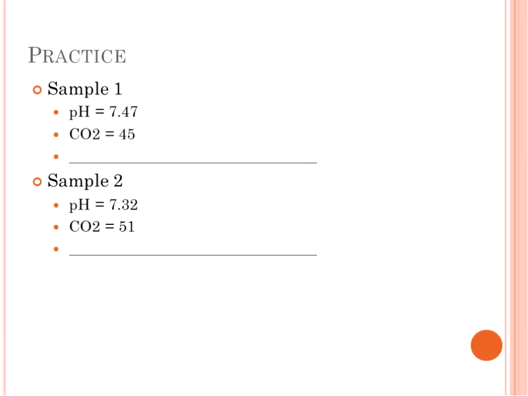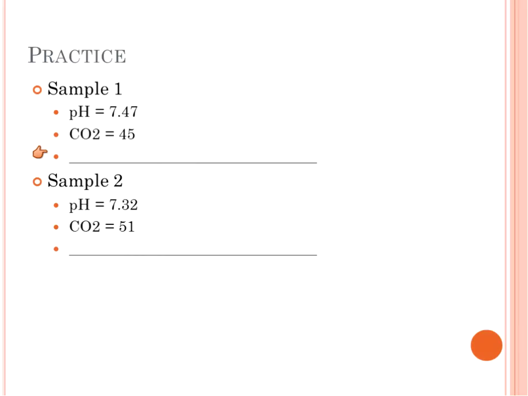As a sample question here, we have a pH that's 7.45, and the carbon dioxide concentration is 45 millimeters of mercury. So is it acidosis or alkalosis that we're talking about here? Well, it's higher than 7.45, so it's on the alkaline side of things, it's alkalosis.